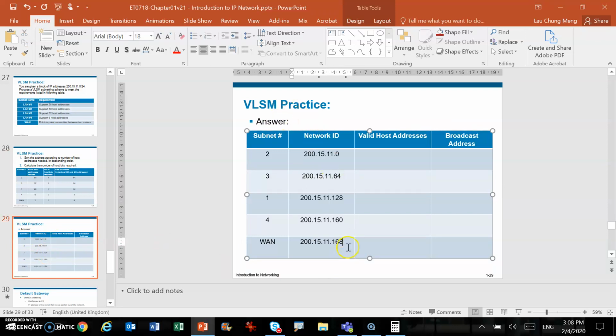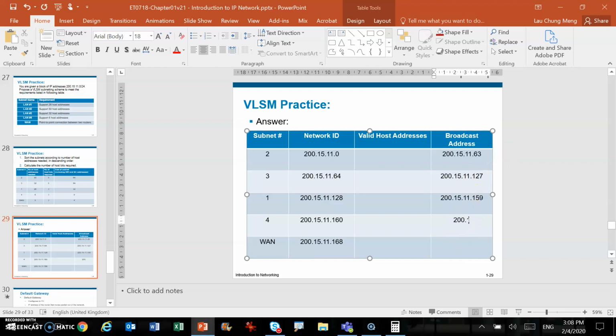So we have the network IDs. Can we find out the broadcast of each network? Just minus 1. You just take the next network ID minus 1. It will give you 200.15.11.63. This will be 200.15.11.127. This will be 200.15.11.159.